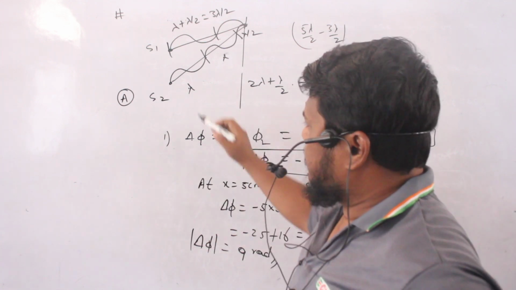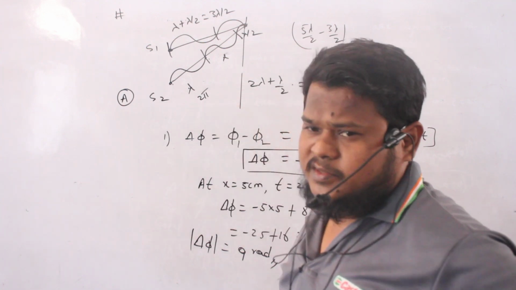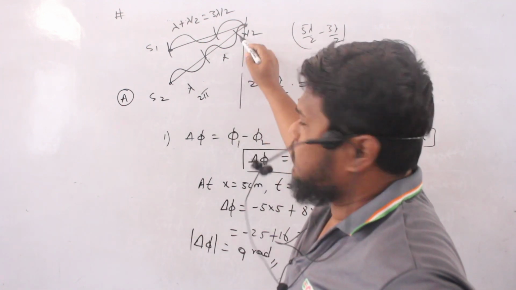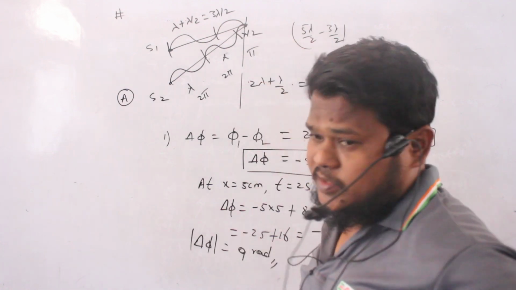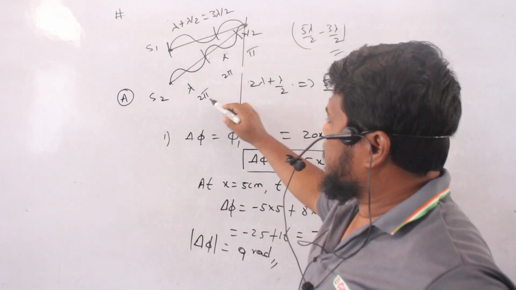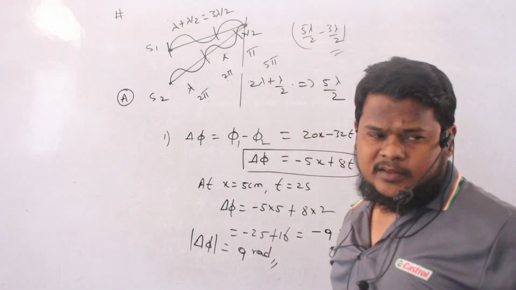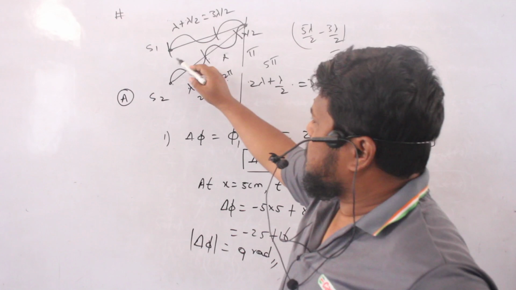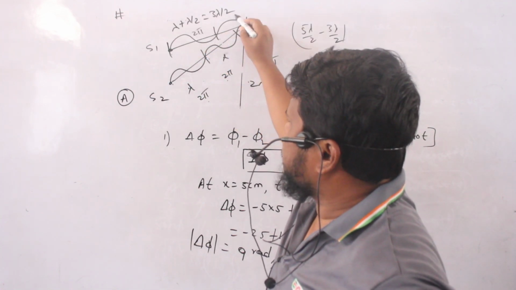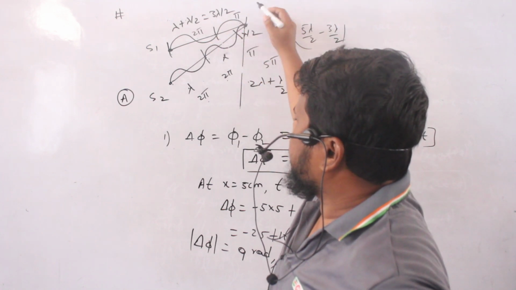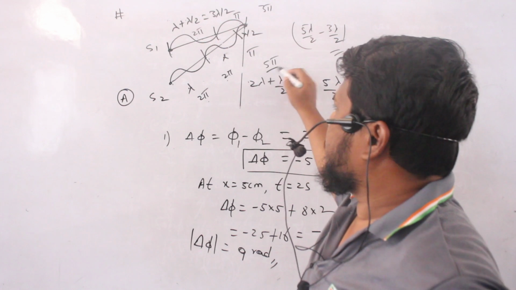That's what we have discussed in wave optics. One lambda has a phase difference of 2 pi, and from here to here another lambda has again a phase of 2 pi, and for another trough it is pi. So the total phase of the second wave is 5 pi. Similarly in the first wave, it is 2 pi and for the next trough pi, so the total phase is 3 pi.